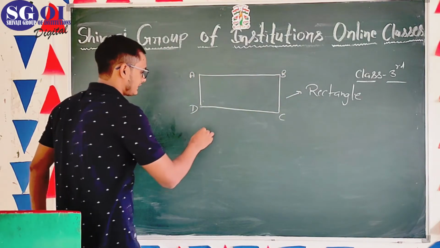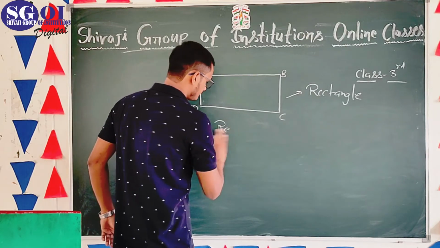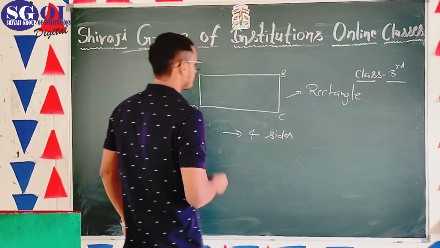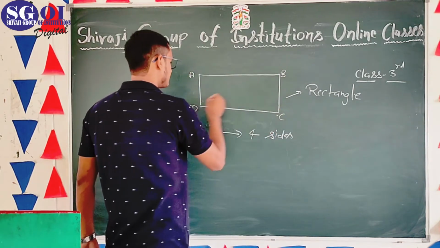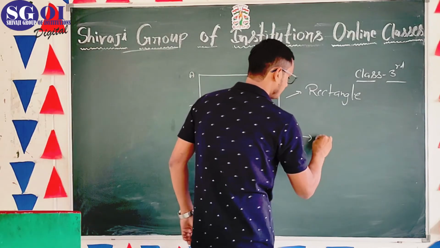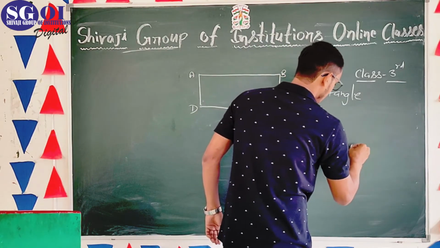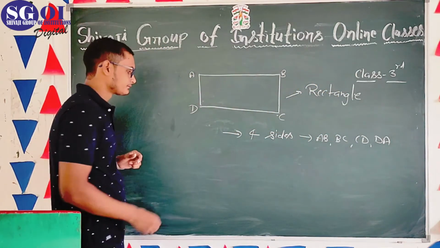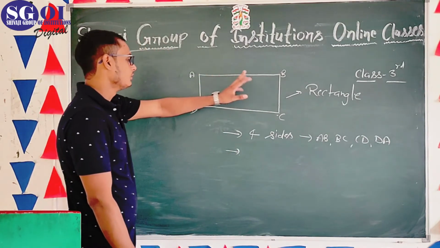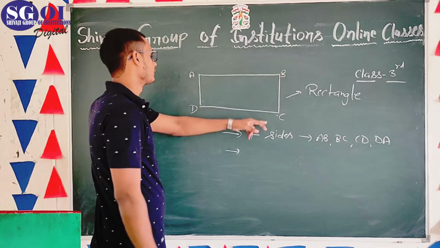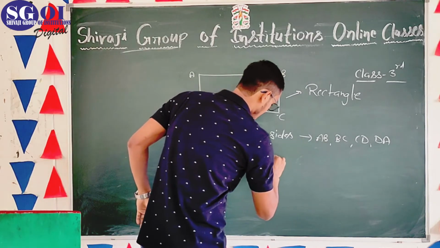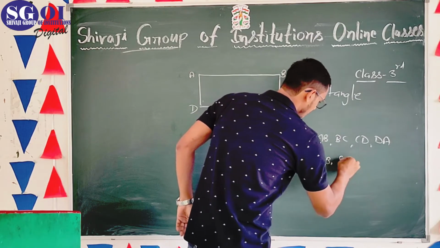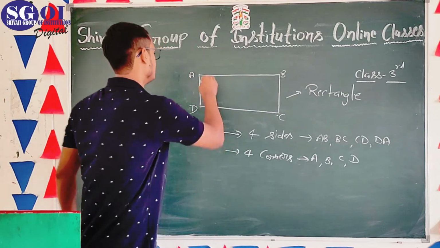Rectangle has four sides AB, BC, CD and DA. Okay, it has four corners. Four corners named A, B, C, D. These are corners.